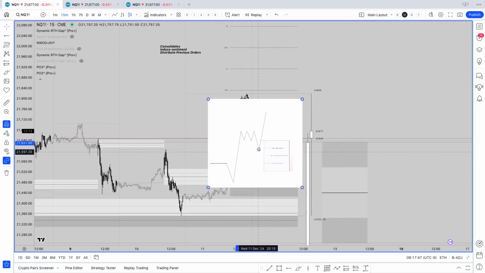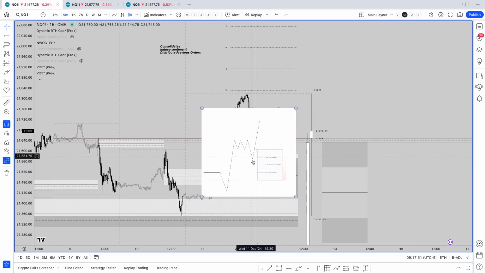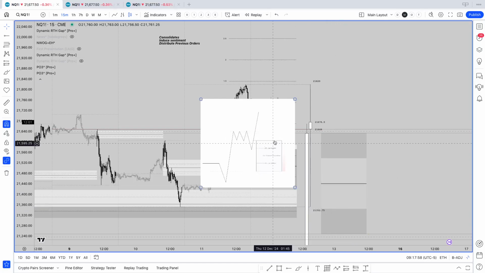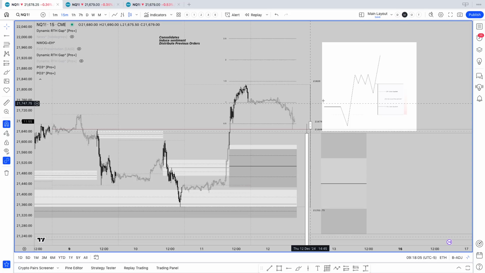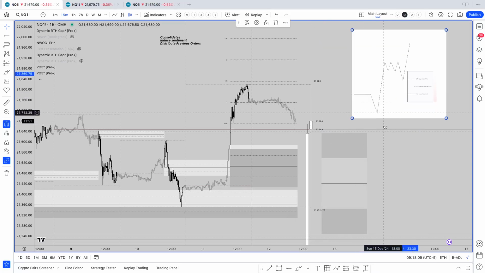Okay, because the gap in this specific layout is presenting above the equilibrium of the event horizon of this range, you should look for longs only. So this is one specific profile that I like a lot.